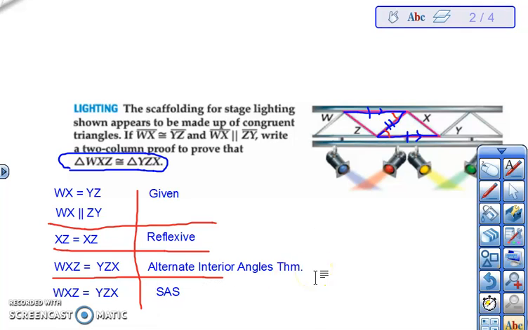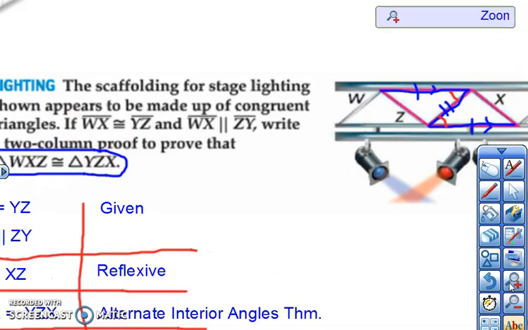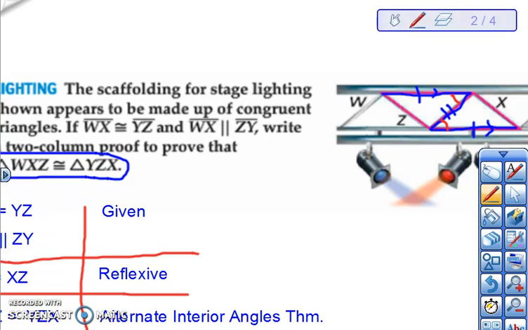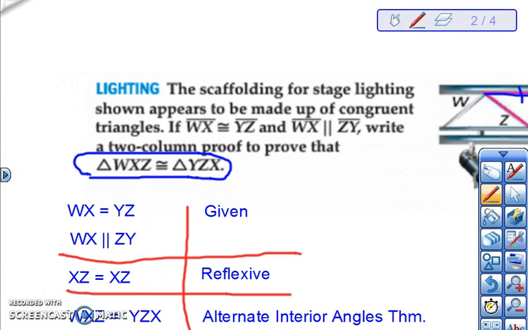So let's go ahead and go through and just add in some geometric symbols to make this look nicer. All right, so these were lines. So we need little lines.